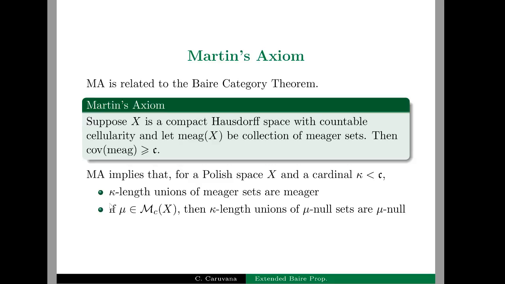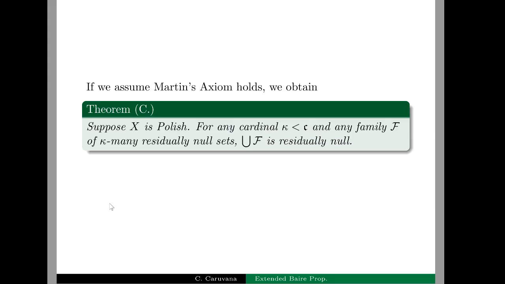But even more so, kappa-linked unions, where kappa is less than continuum, kappa-linked unions of meager sets are still meager, and kappa length unions of null sets are still null. So it's a little bit stronger than just the statement of Martin's axiom, at least in this context. So if I combine those two facts, then under Martin's axiom, kappa length unions of residually null sets are also residually null.